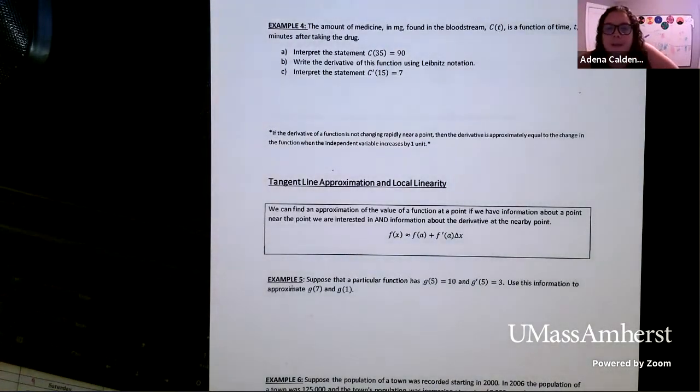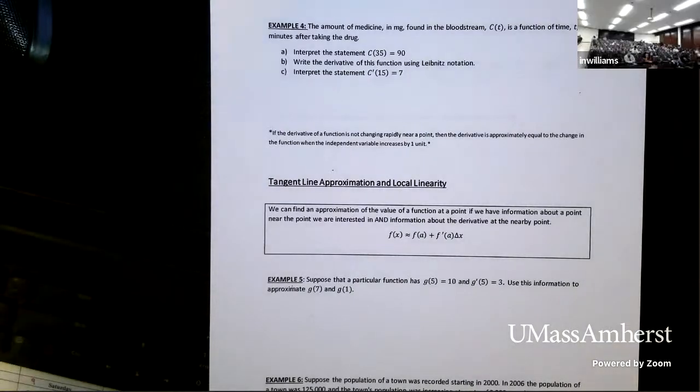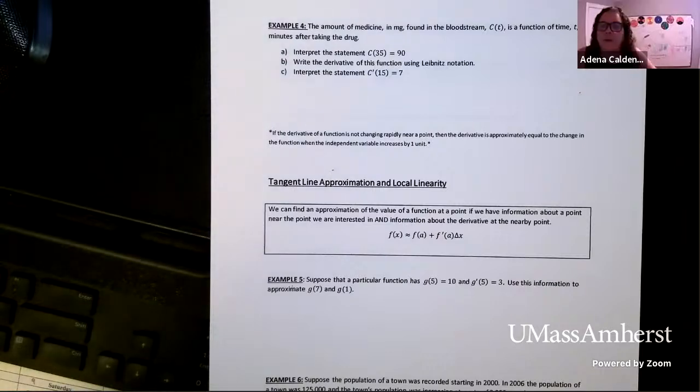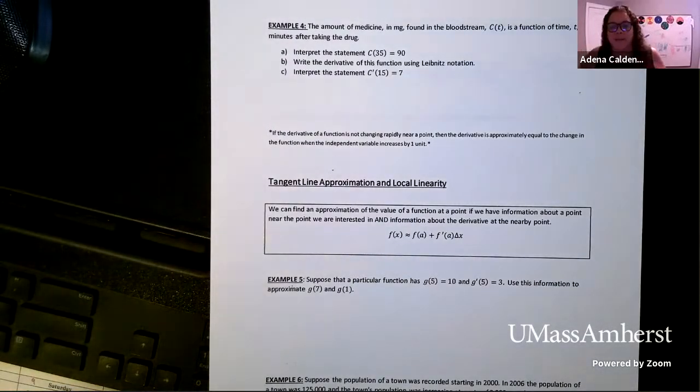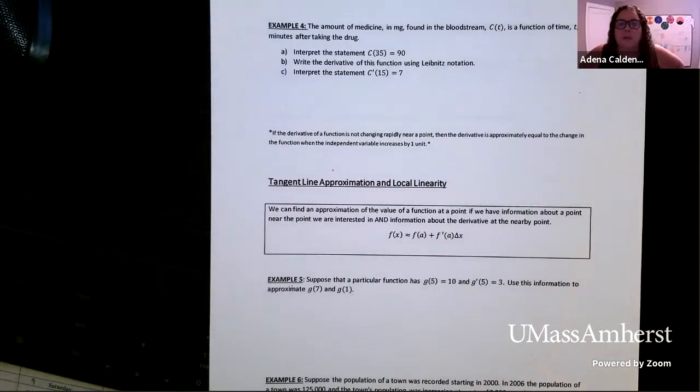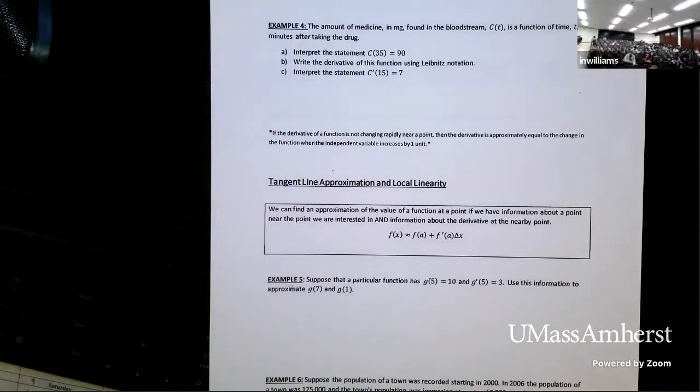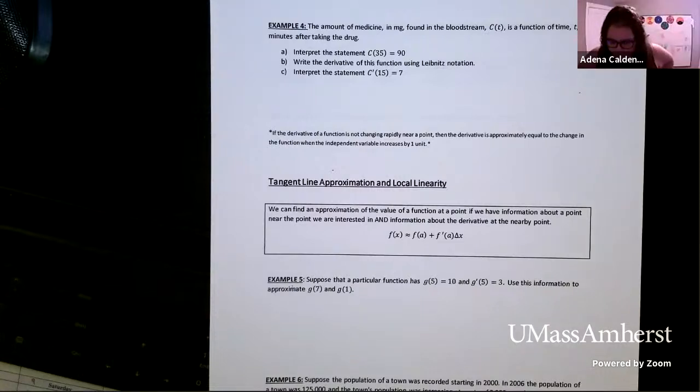So for this example, it says the amount of medicine in milligrams in the bloodstream, C of t, is a function of time t in minutes after taking the drug. So we want to interpret the statement C of 35 equals 90. Again, we're trying to figure out what are the units of 35, what are the units of 90.